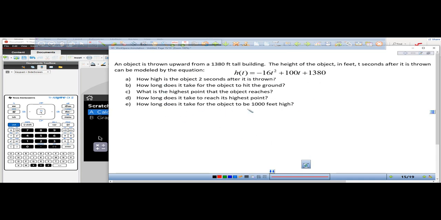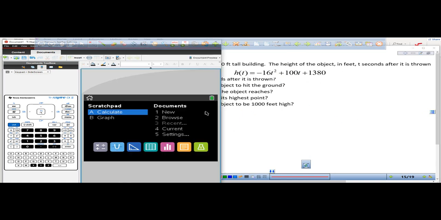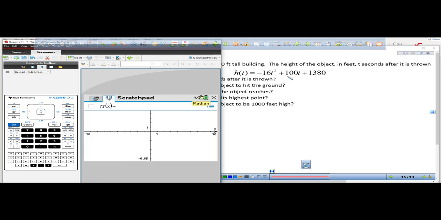Typically when you're doing these questions, the first thing you want to do is graph the equation that they give you. Using our TI Inspire, we need to graph. So you want to go over, click graph, and then type in this equation.